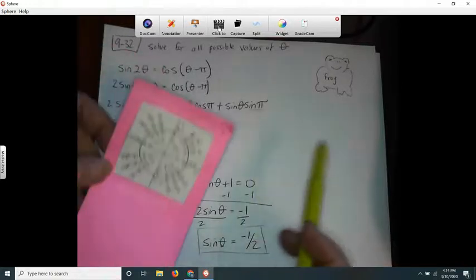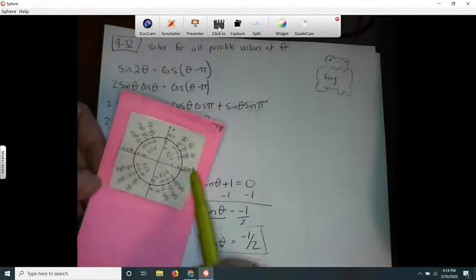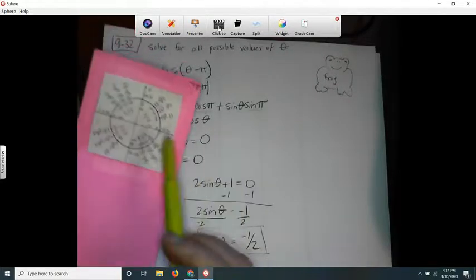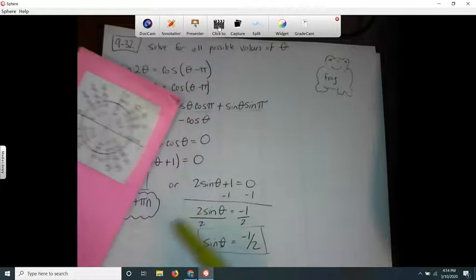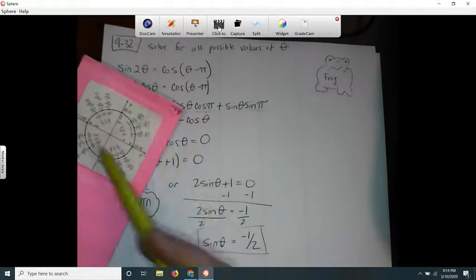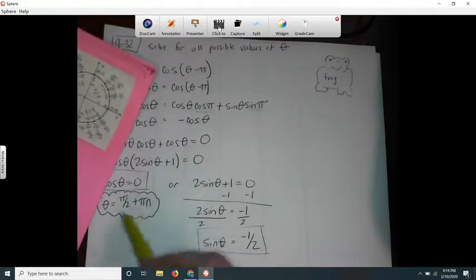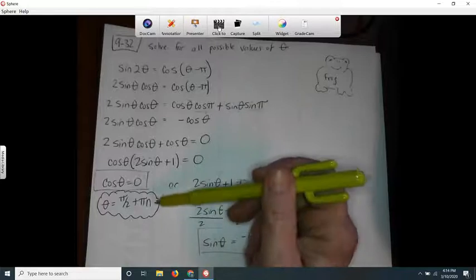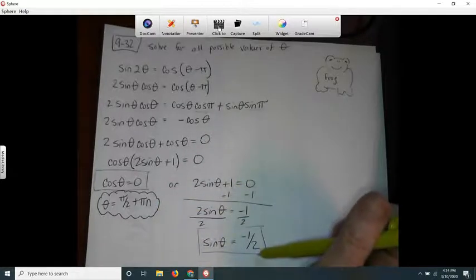Because if I start at pi over 2 and go plus pi, that'd get me here. And plus pi would get me back here, plus pi, plus pi, like that. So I could just go forever and ever, and that would give me all possible values of theta. So that's that answer. And then I'm going to get some answers from here.